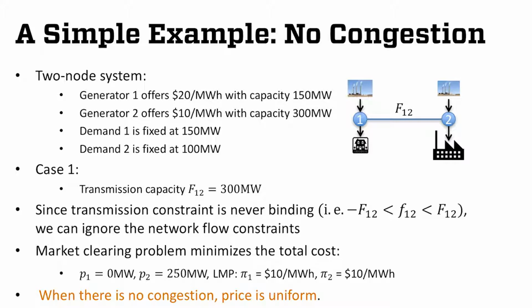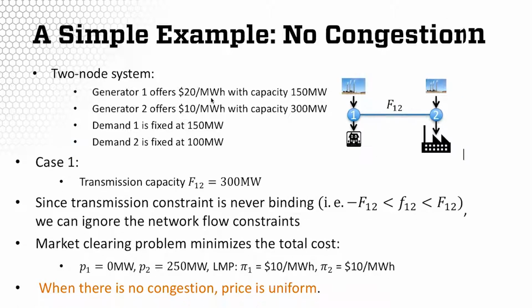The generator companies bid into the market. For example, generator 1 offers to sell at $20 per unit of electricity. In this case, we call the unit megawatt hour. This is a usual unit in the wholesale electricity market. It's a pretty big quantity of electricity, which can serve thousands of households.